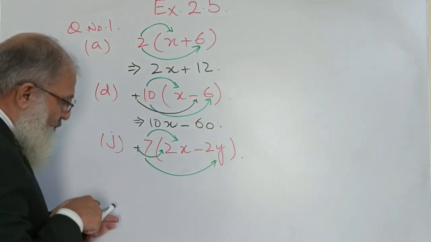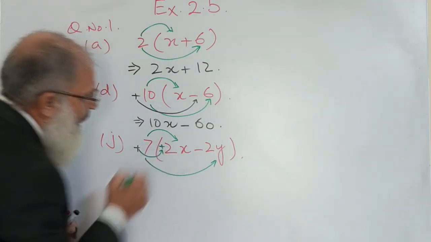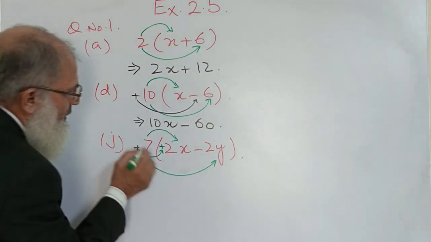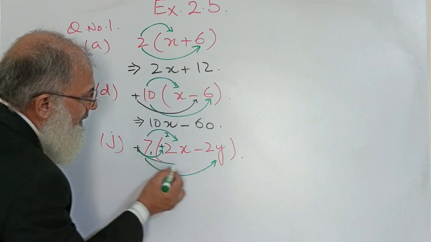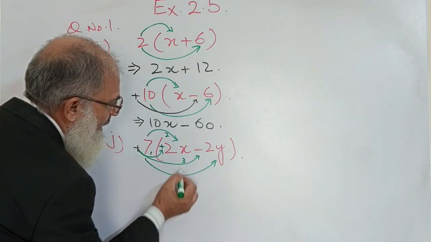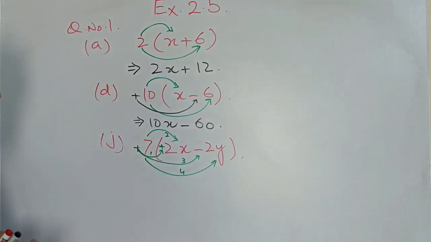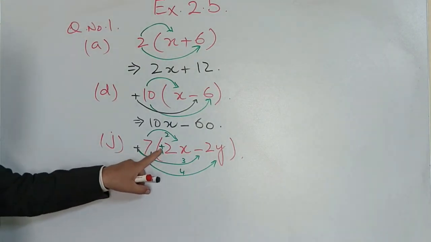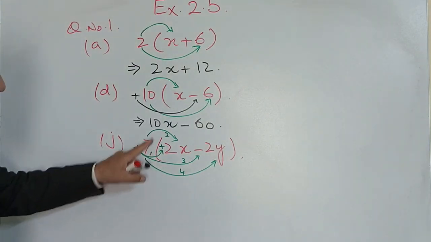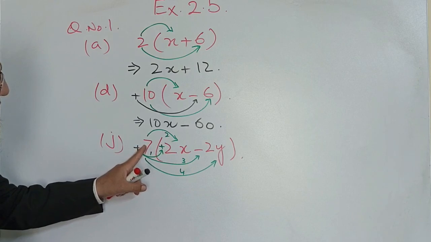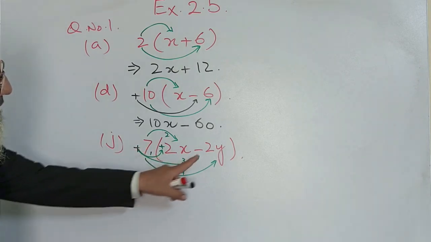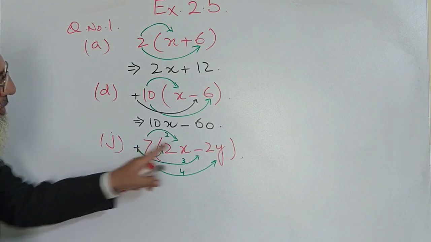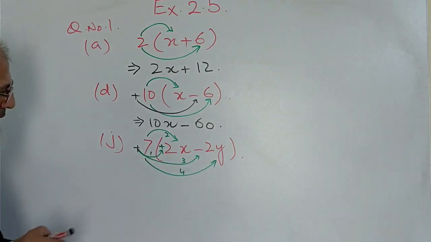It is also plus over here. Okay. Now this is the first step, this is the second step, this is the third step, and this is the fourth step. First step, sign with sign. Second step, this constant with the first member. Third step, sign with sign, and fourth step, constant with the second member.